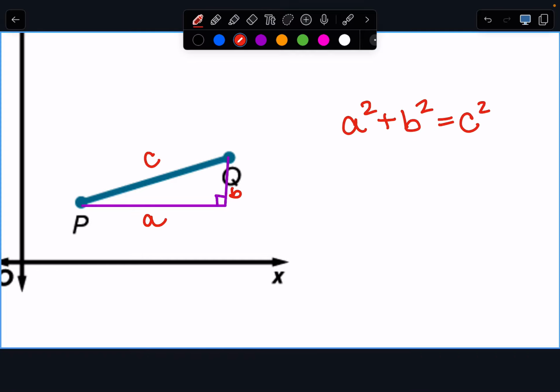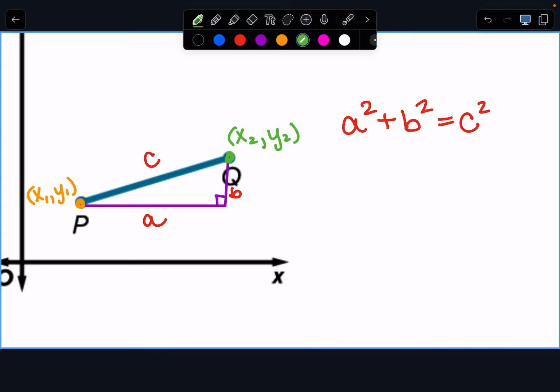Now, P and Q are coordinates in our coordinate plane. So I'm going to call P coordinate x1, y1. And I'm going to call Q coordinate x2, y2. The 1 and the 2 are just little subscripts saying this is coordinate number 1 and this is coordinate number 2.